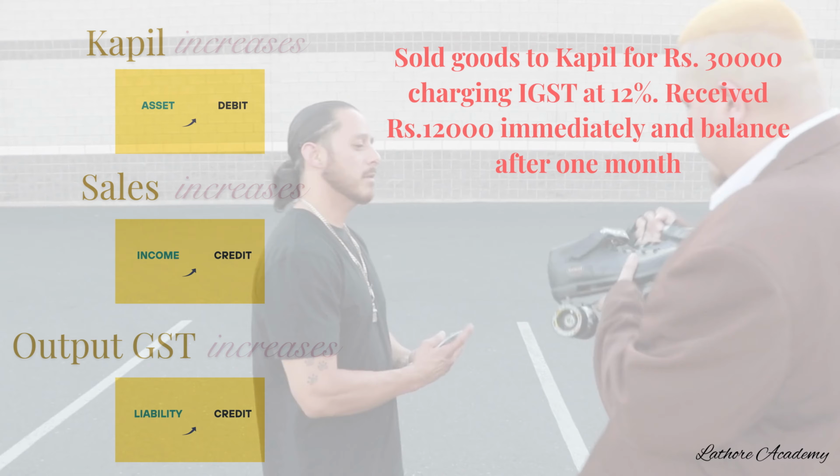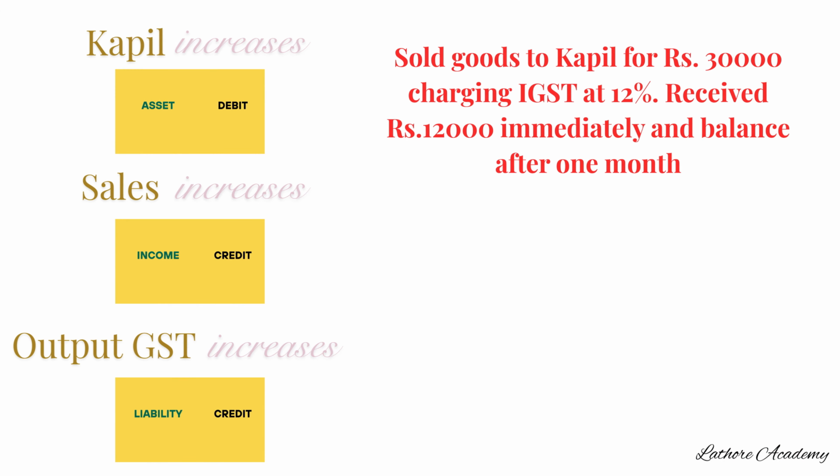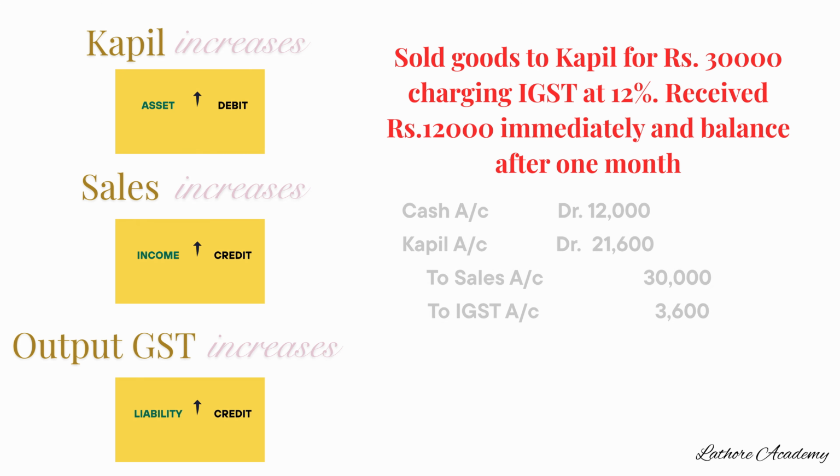So the sales value is 30,000 and IGST is 3,600, that is 12% on 30,000, because this 30,000 does not include GST. So it is exclusive of tax. We have to calculate separately: 30,000, on that 12% we apply, 3,600. So the total value including tax is 33,600.